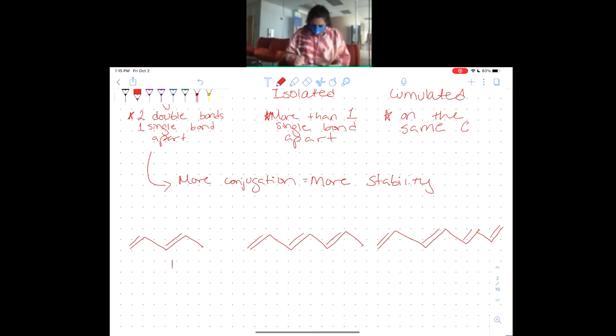Which one of these will have the highest level of conjugation? 1, 2, or 3? 3, cool. So of these, which one will be the most stable? Awesome, cool. So the higher the conjugation, or the more the conjugation, the more stable.